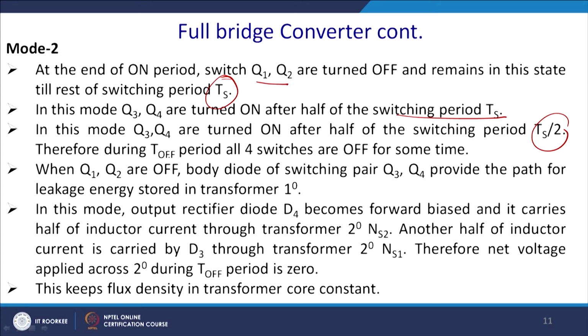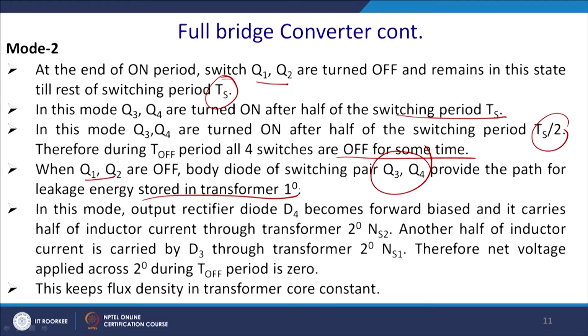During the T off period, all the switches are off for some interval of time. When Q1 and Q2 are off, the body diodes of the pair of switches Q3 and Q4 provide a path for the leakage energy stored in the transformer primary. So, the diode will conduct.